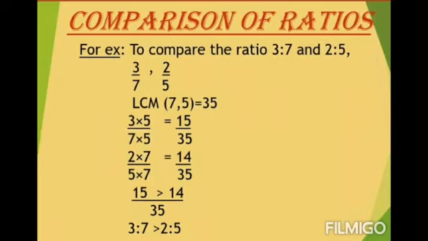So it will come 15 by 35. Similarly, 2 by 5 we multiply by 7. So 2 sevens are 14 and 5 sevens are 35. Now from these two fractions, the numerator of the first fraction is greater than the second. That means 15 by 35 is greater than 14 by 35. That means 3 is to 7 is greater than 2 is to 5.